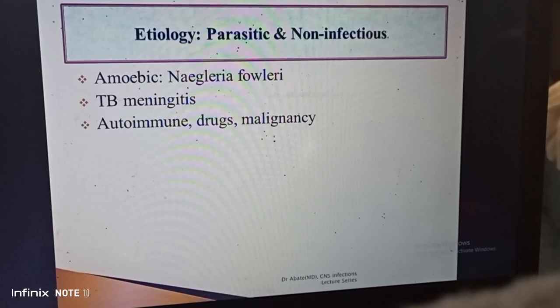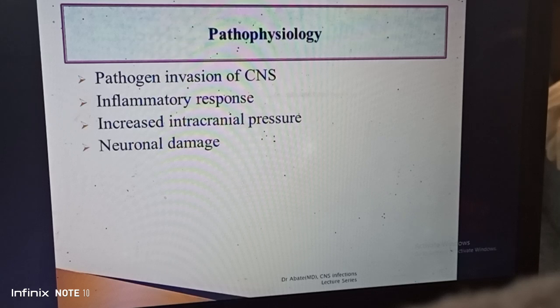In fact, TB meningitis is not rare. In developing countries like our country, Ethiopia, TB meningitis, next to bacterial meningitis, is the commonest form of meningitis, and it also causes neurologic disabilities in most of the patients who are affected with TB meningitis.